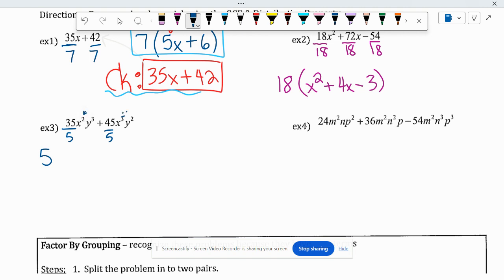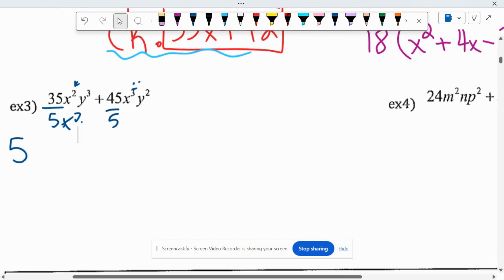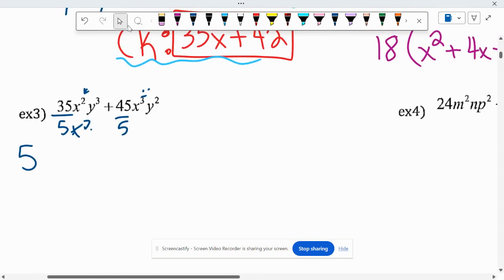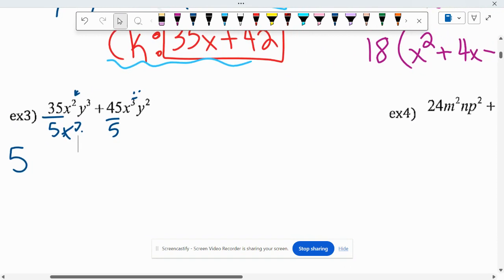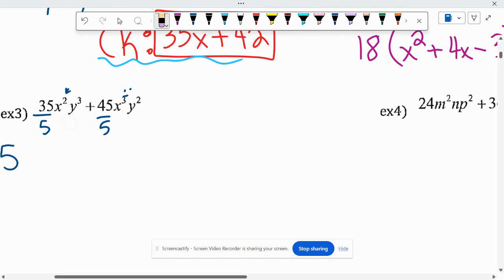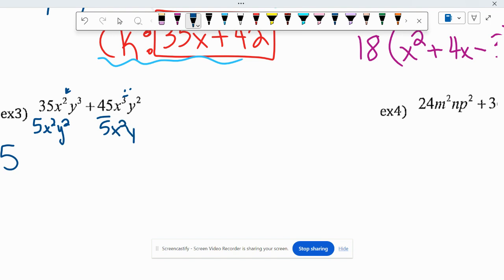So the smallest power of x that I have is an x squared. So I can also take out an x squared. And then I want to look at my powers of y. When I look at my powers of y, I see that the smallest power of y is a y squared. So each term is going to be divided by 5x squared y squared.